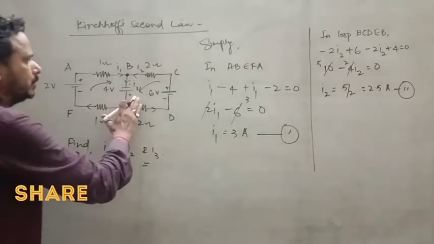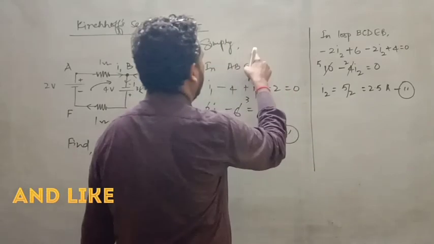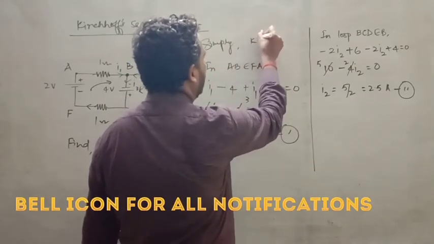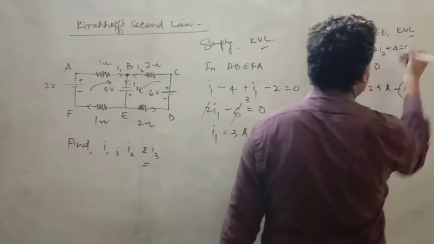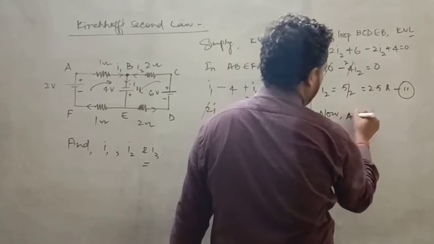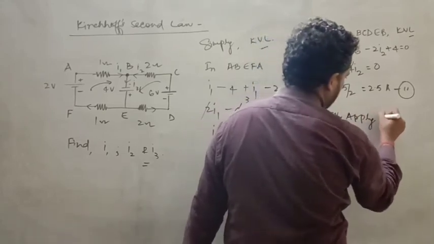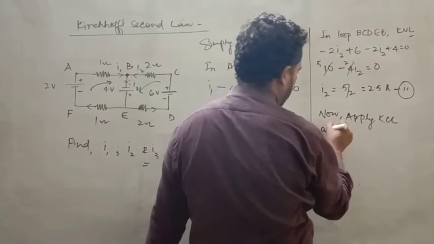So use node law. Okay, so here you have applied simply KVL, and here is also KVL, Kirchhoff's voltage law. Now apply KCL, Kirchhoff's current law, that is the first law, at node where?